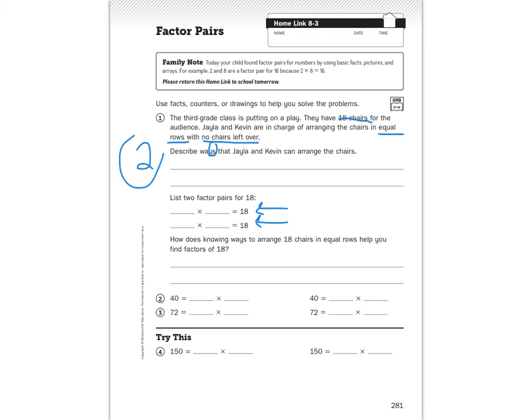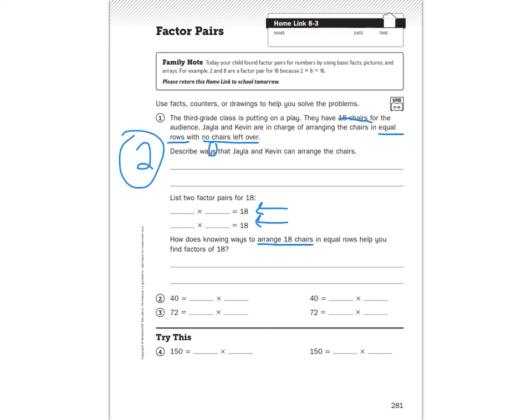But if you can at least come up with 2, that would be great. And then it says, how does knowing ways to arrange 18 chairs in equal rows help you find the factors of 18? So how does that help you? And I want you to think about arranging chairs in an array. There's a certain number of rows and columns and those kinds of things.